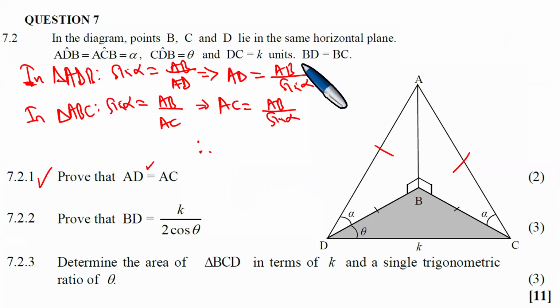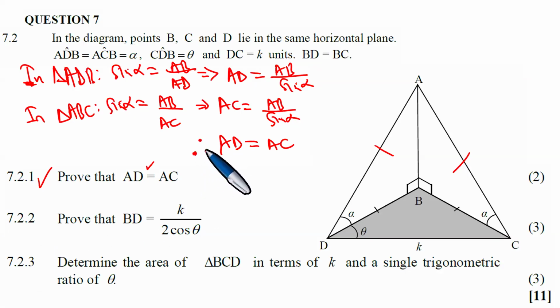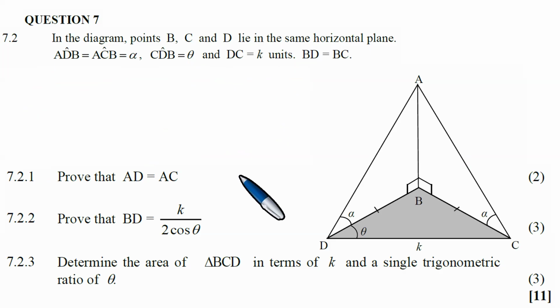So now, if this is AB over sine alpha and that is AB over sine alpha, it means that AD is equal to AC.